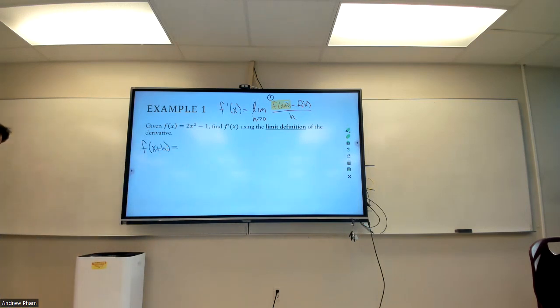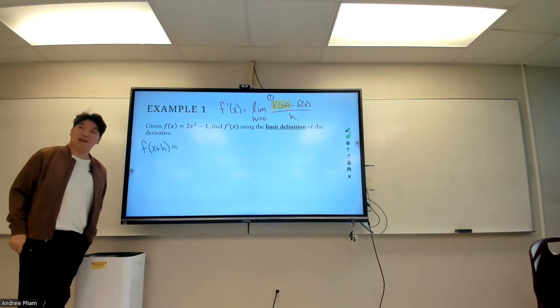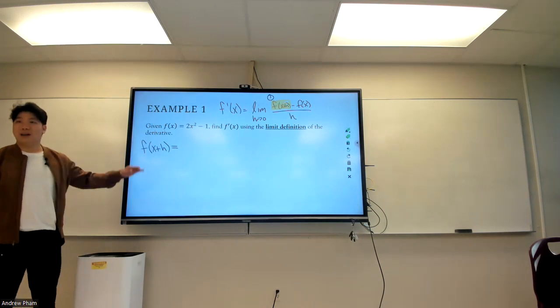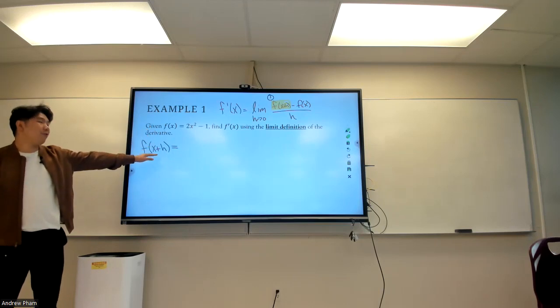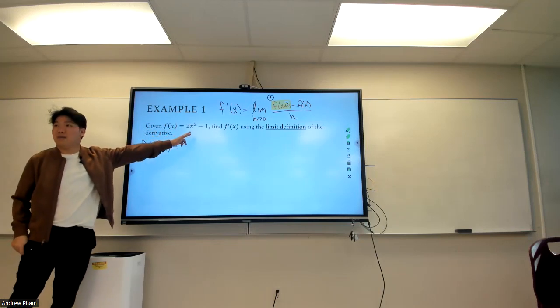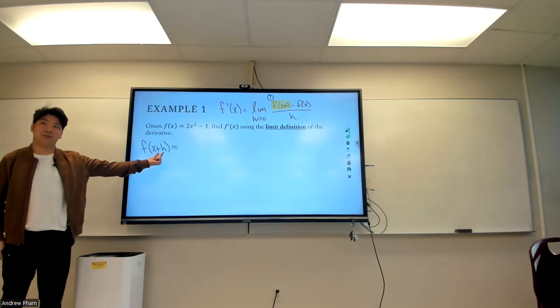So again, we're back to the idea that it's really going to be testing our algebra skills. Do we know what it means to plug a number in? All right, so if I want f of x plus h, but I have f of x, remember, whenever I write something like this, it's telling me anywhere that there's an x in the original, I'm replacing it with an x plus h.